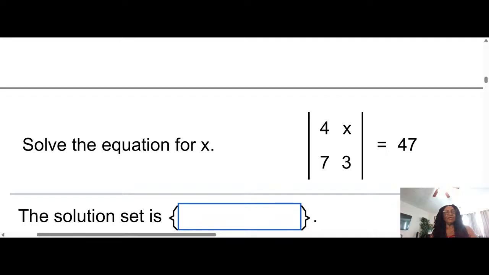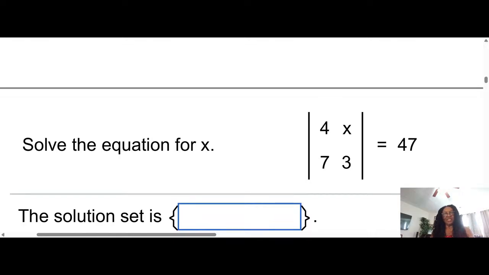All right, so we are starting with matrices. Solve the equation containing a determinant of a matrix containing a 2 by 2 determinant.